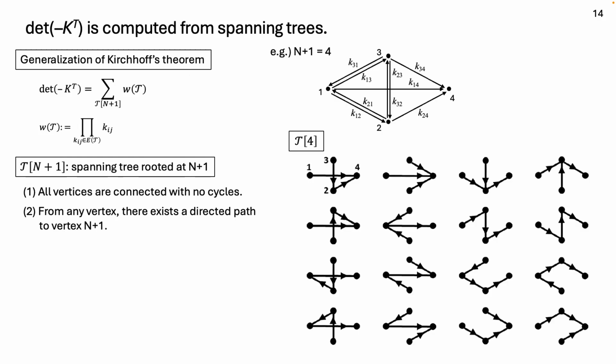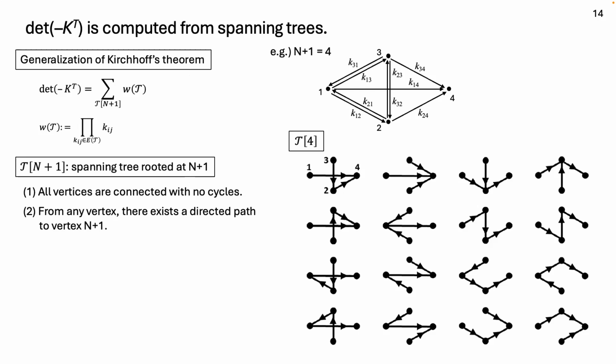The definition is: all vertices are connected with no cycles, and for any vertex, there exists a directed path to vertex n plus 1. Yeah, it may be difficult, but we see the example. There's an example for a component network.